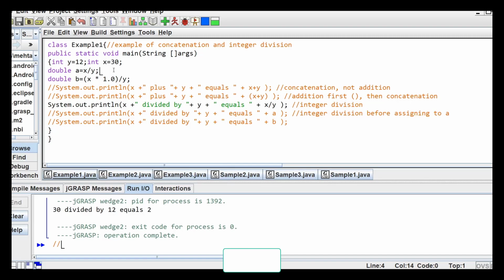So your result is always a double, with the single exception of int divided by an int, which is an int. So whenever you are doing division, take a minute to say, is my numerator an integer? If it is, is my denominator an integer? And if it is, you are probably in trouble.